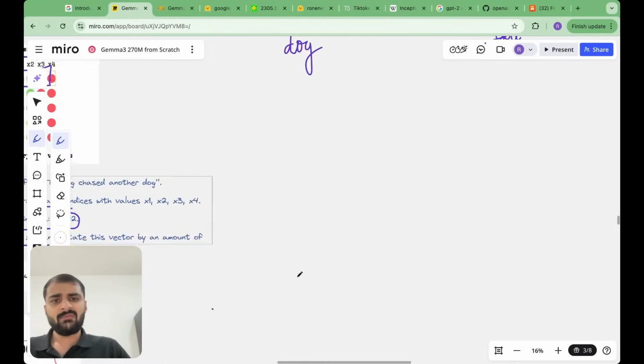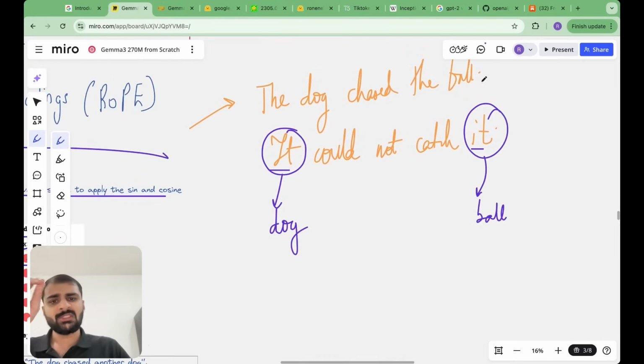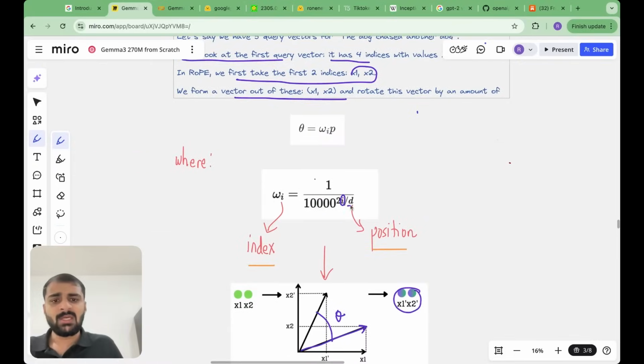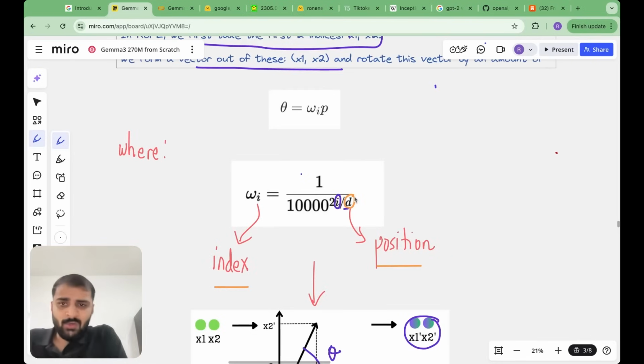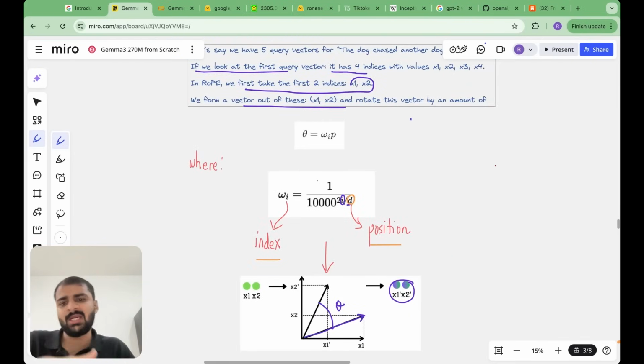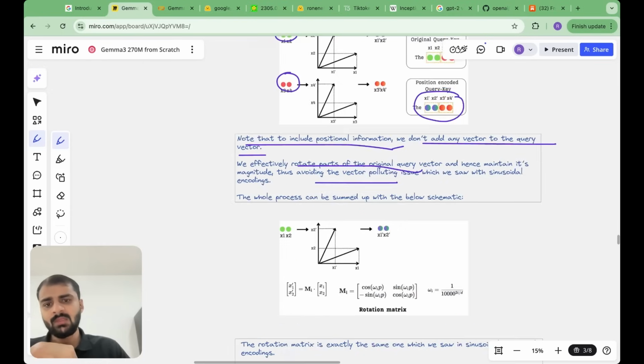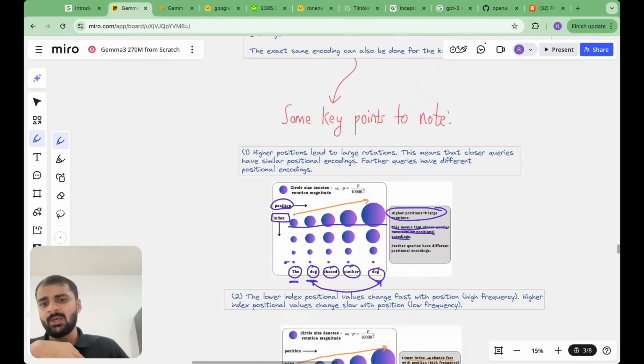So now if you have the dog chased the ball, it could not catch it. This it comes at a different position than this it. So the position in the denominator will be different for different its. So that's how their information will be embedded in the query rotation and the key rotation. This is the rotary positional encoding part.